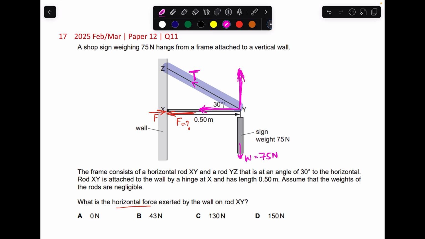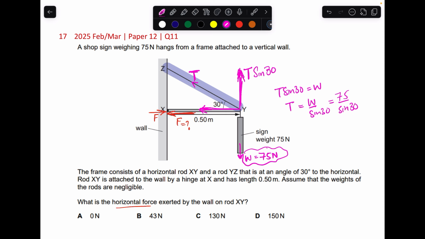So the x component, sorry, let's write the y component first because we know what the y component is. This is basically T sine 30, and as they are balanced, T sine 30 should be equal to the weight. So I can write T is equal to weight divided by sine 30 and weight is 75.